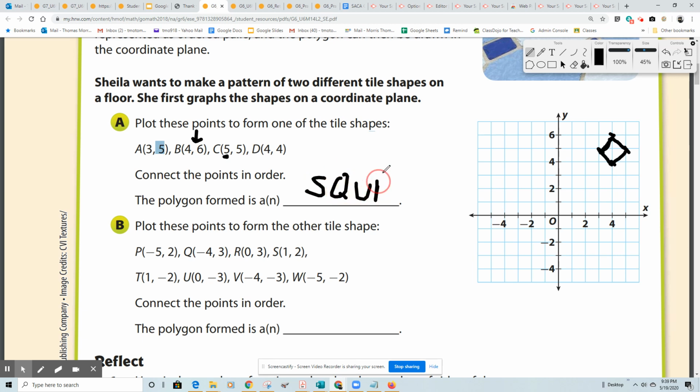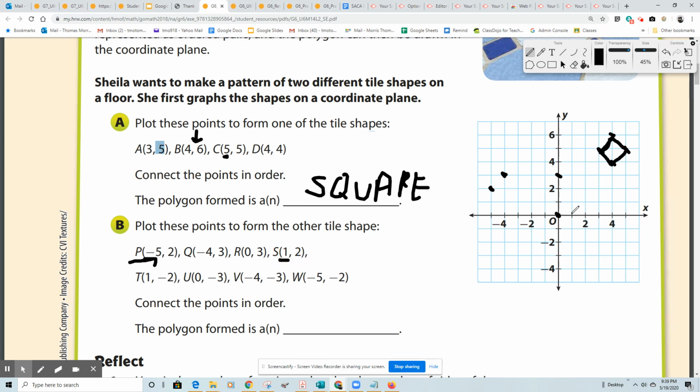All right, going down now to B. I am going to plot these points. So now I have negative numbers, which means I start at the origin and I go to the left. So P, 5 to the left, up 2. Q, negative 4, up 3. R, over 0, up 3. So that starts at the origin, okay? Up 3.